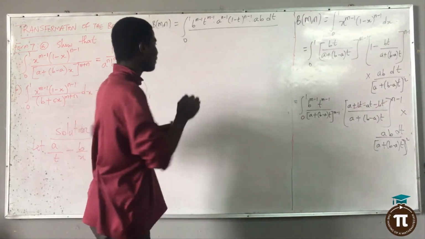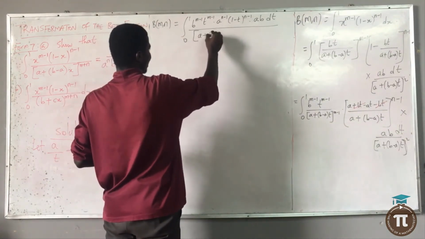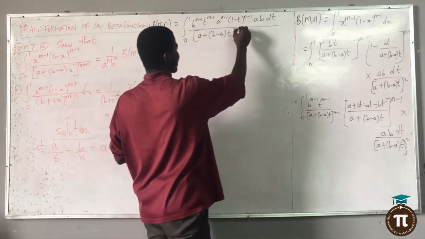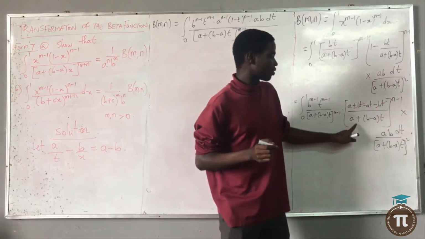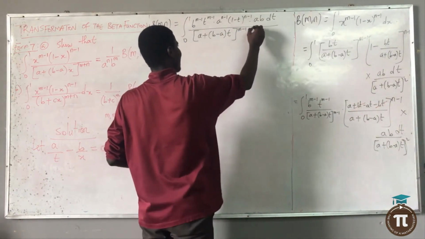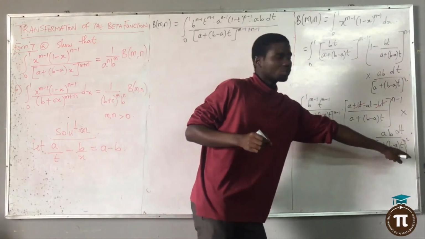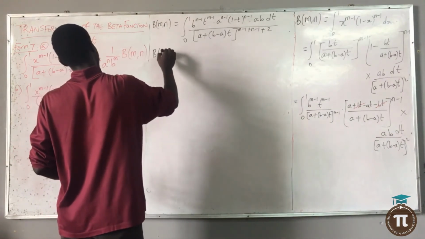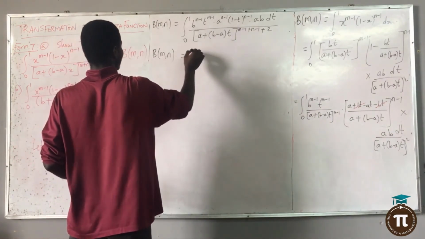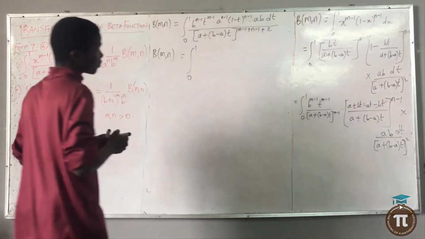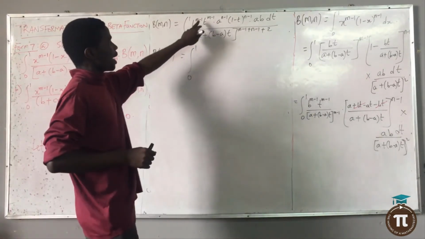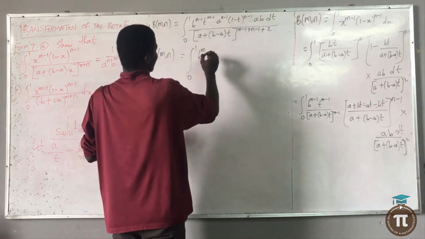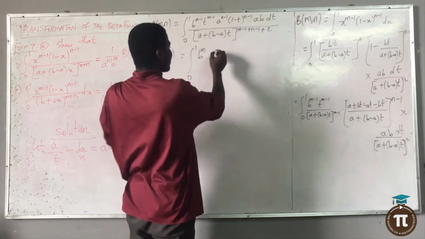At the denominator I have a plus b minus at raised to the power of n minus 1, again raised to the power of n minus 1, that is plus, then raised to the power of 2 plus 2. So beta function of m comma n will just be equal to the integral from 0 to 1 of b to the m minus 1 multiplied by b will give me b to the m. A to the n minus 1 multiplied by a will give me a to the n.